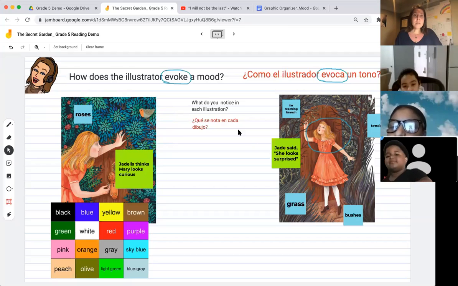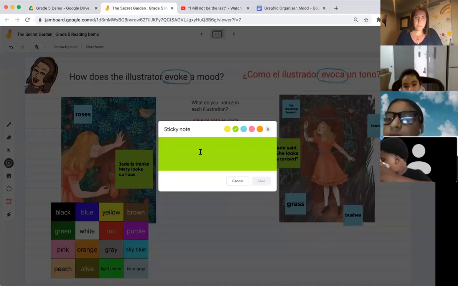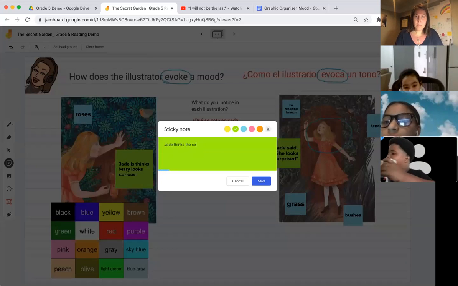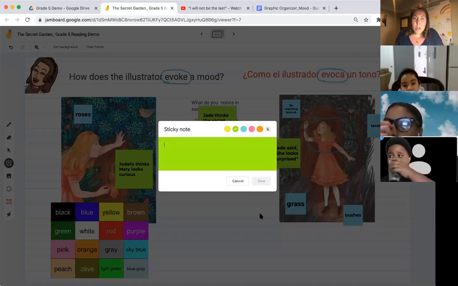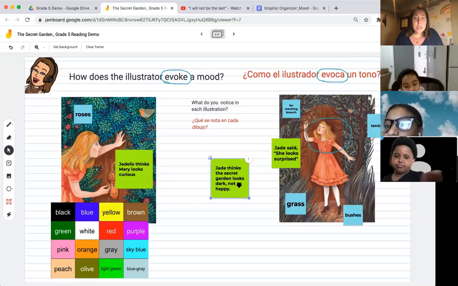It looks like this one is rather bright, and we see her orange dress over here too. What sort of words would we use to describe this image? It looks dark. It looks like if you're not happy. Okay, so we're going to practice. Was that Jade that was saying that?